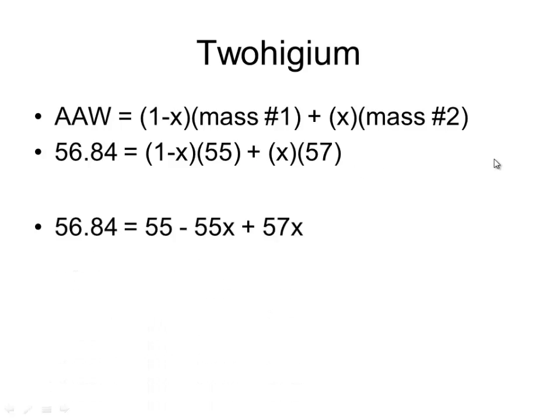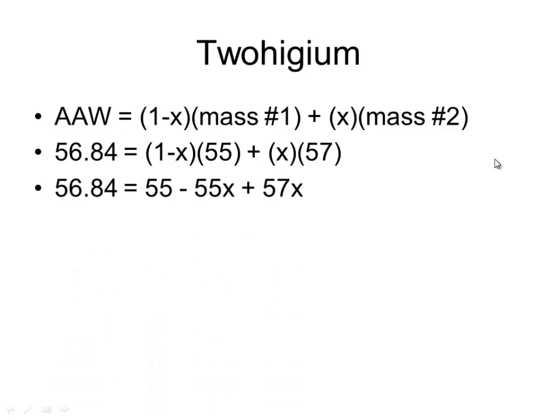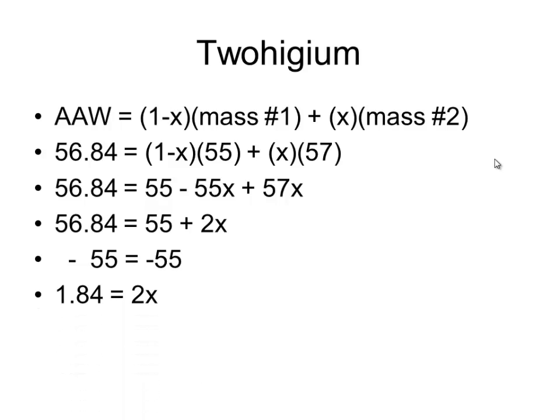Using the distributive property, we then combine the x's, negative 55x and positive 57x, to get positive 2x. We then subtract 55 from both sides of the equation to get 1.84 equals 2x. We then divide both sides by 2 to get 0.92 equals x.